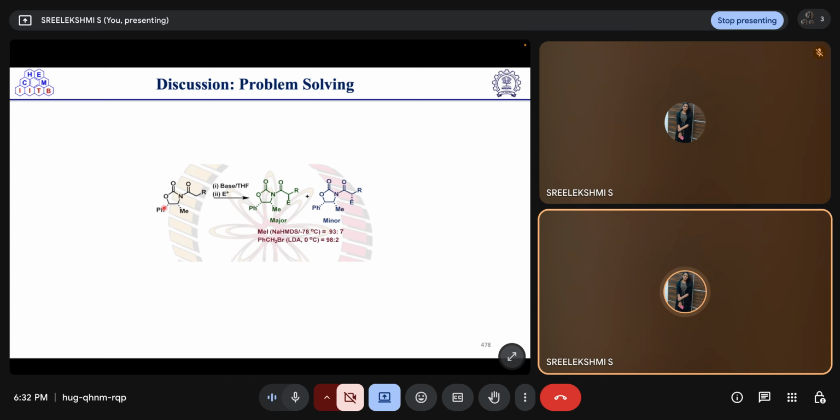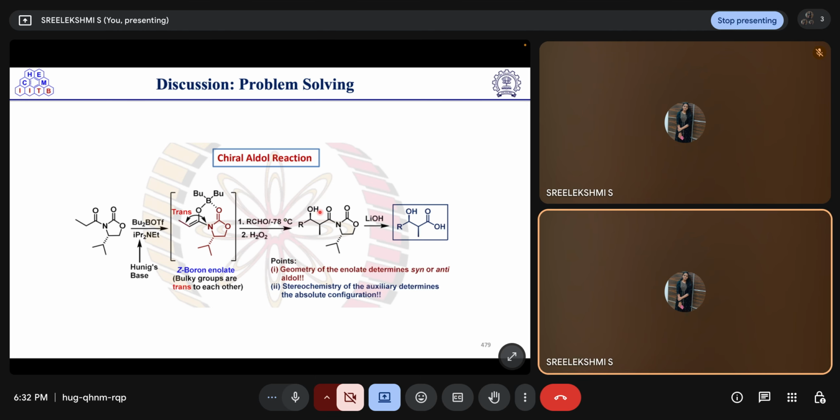So here both phenyl and this methyl group are below, so the electrophile will be coming from the above face. So this will be the major product. And when we are using methyl iodide and NaHMDS, we are getting 93 to 7 diastereoselectivity, and with benzyl bromide and LDA, we are getting 98 to 2 diastereoselectivity.